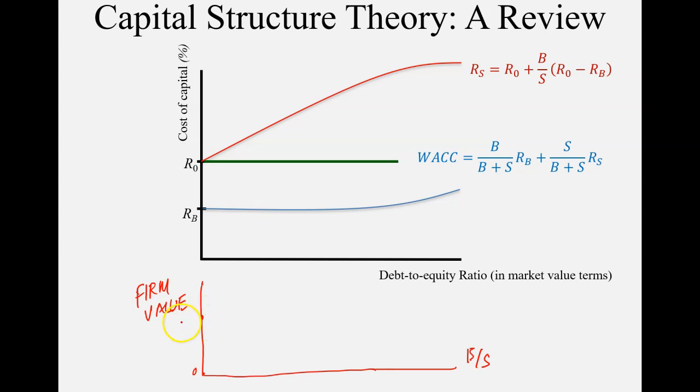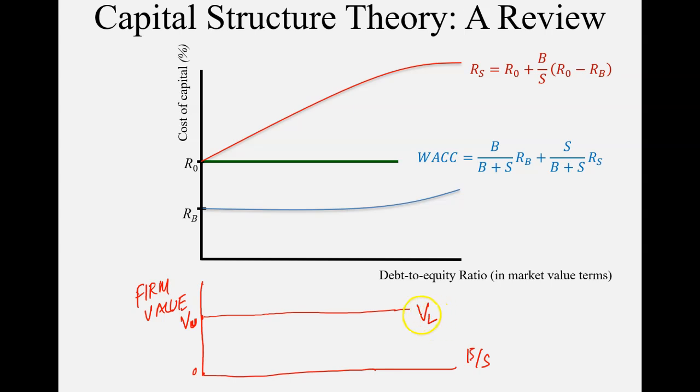What is that value? We have referred to that as VU, value of the unlevered firm, because there is no leverage right now. The firm is unlevered. As you take on more and more debt, the firm is becoming what? Levered. However, in magnitude terms, that magnitude is the same as that of the unlevered firm. So VL is this line right here, corresponding to different levels of debt to equity. VU is this unique point.